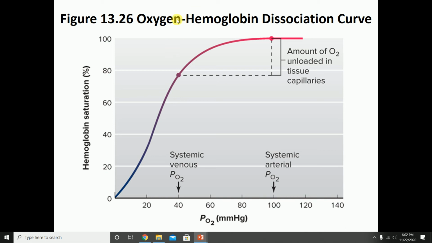While the other scenario, which would be a curve above this normal one, and that is known as shifting the curve to the left, that means that you've increased the affinity of hemoglobin to oxygen, and it's extremely hard for that hemoglobin to now let go of oxygen. So we'll talk about these different scenarios. Some of these are normal, and some of them are pathological.